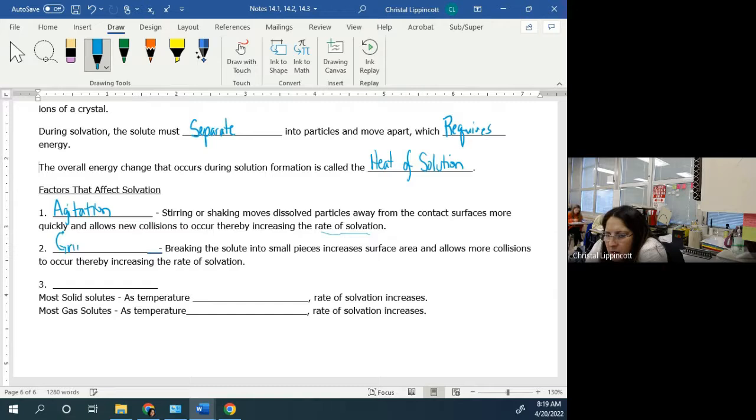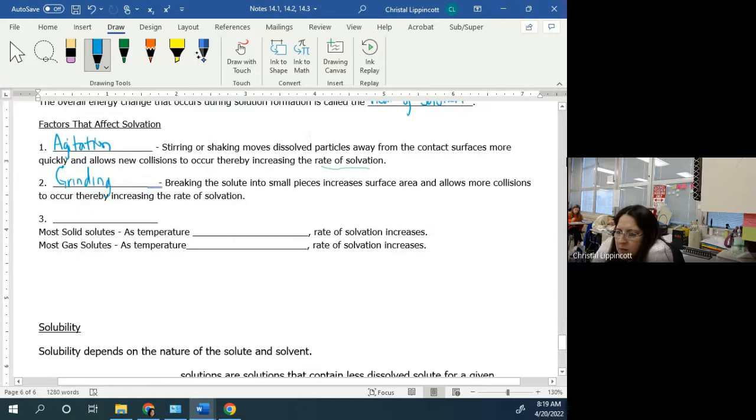Grinding, where you're breaking the solute into smaller pieces, is going to increase the surface area. It's going to allow more collisions, and that's going to increase your rate of solvation. And then heat.